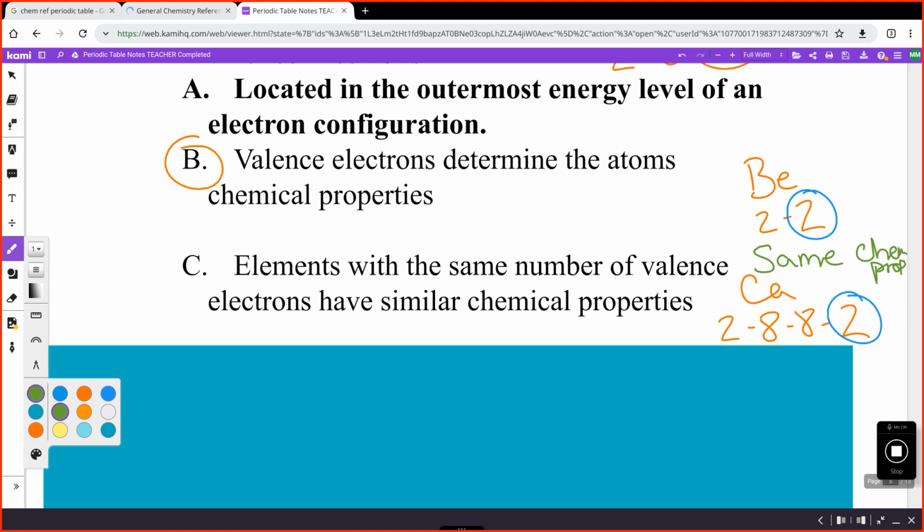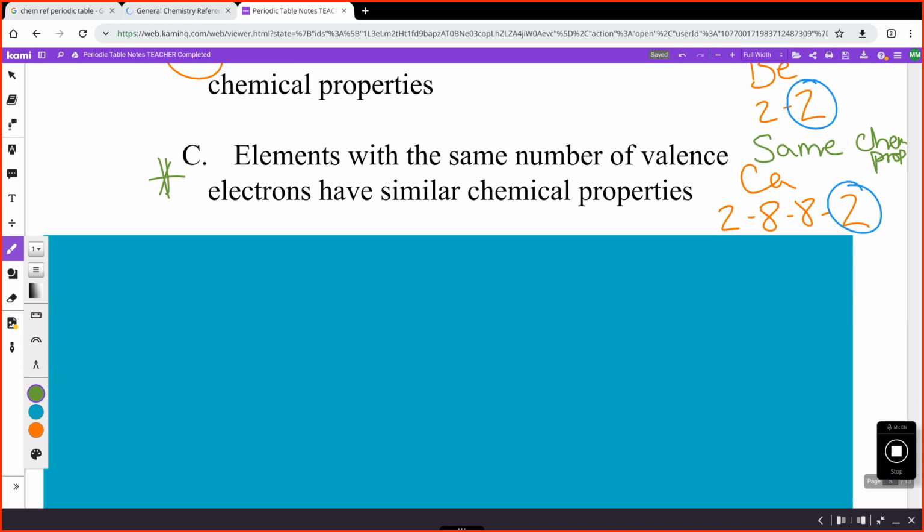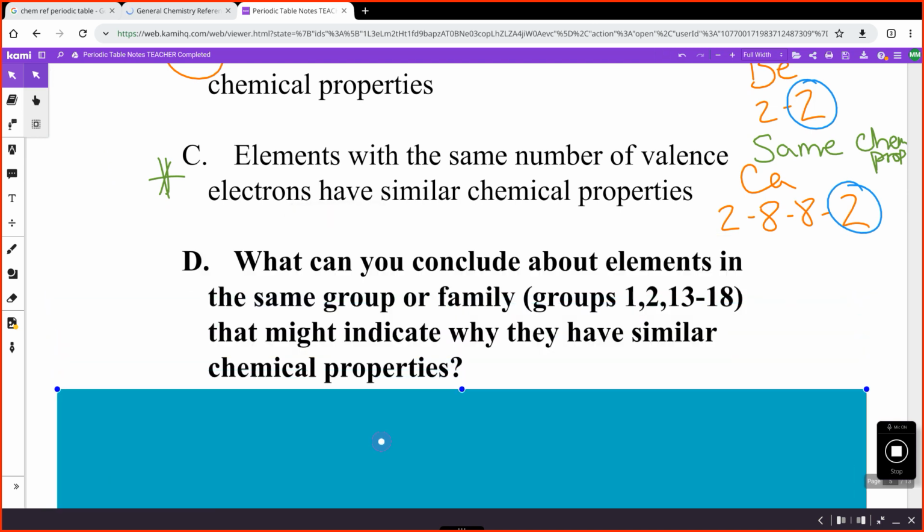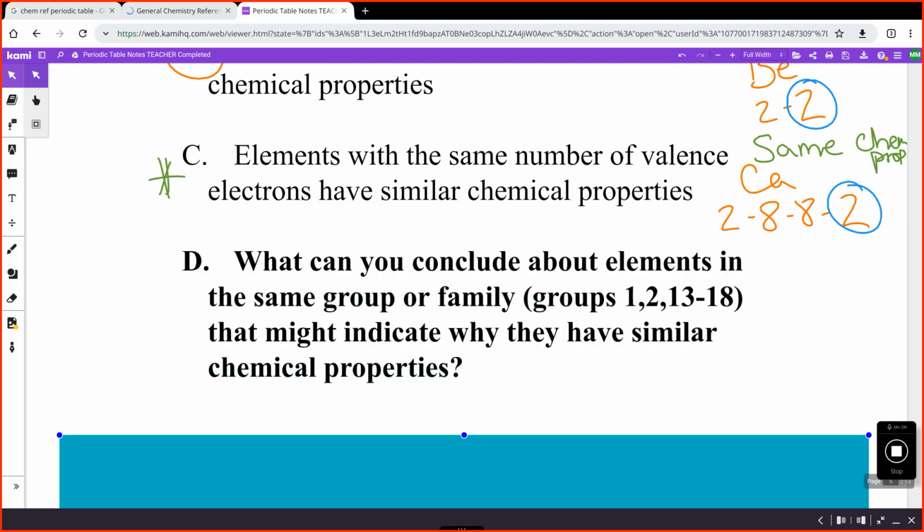All right, this is a very, very important part. This is the main part of this lesson. So what I want you to do is take a look at the periodic table. Now we're going to be using the New York State Chemistry Regents periodic table, and we're going to see if we can come to a conclusion about elements that are in the same group as one another.